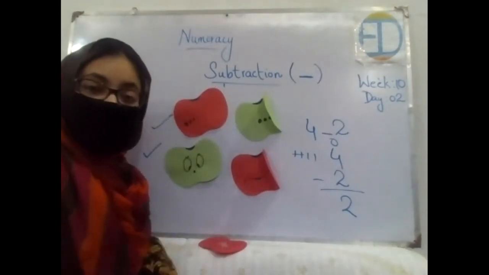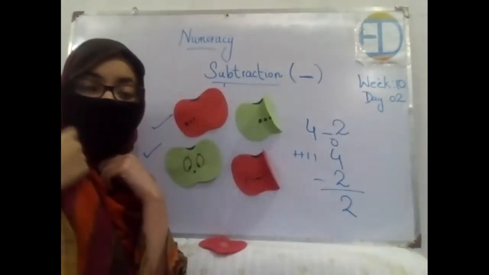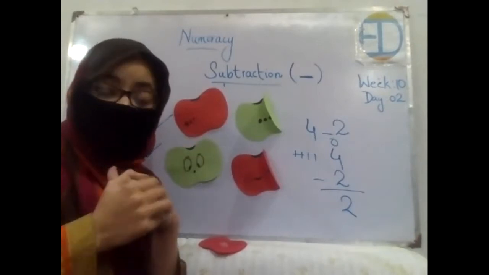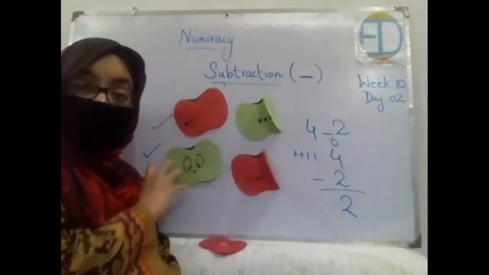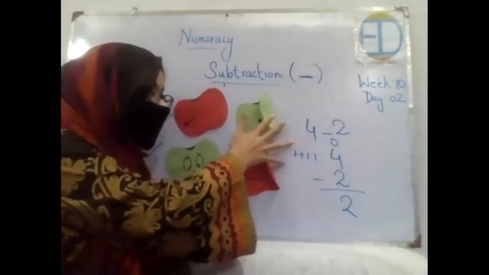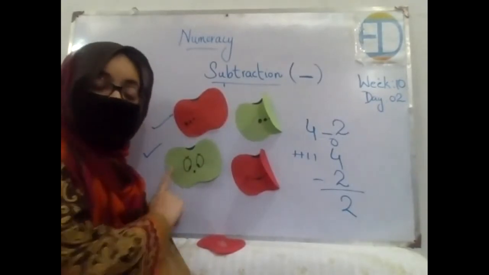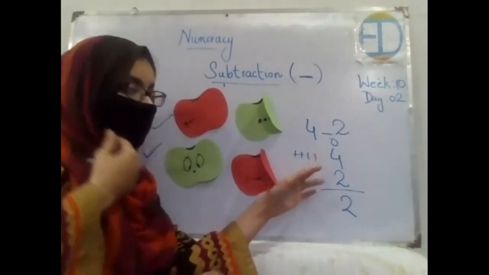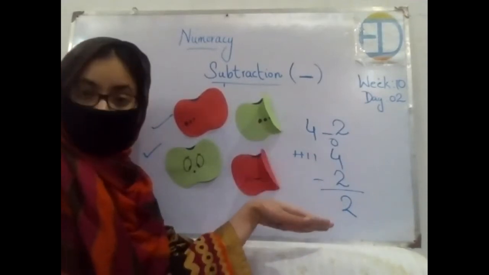Got it? So this is how we find the difference between two values. We know that 4 has more value because it has more objects. And when you have eaten 2 of them, you are left with only 2 apples. You first write them in vertical order, then you subtract them.